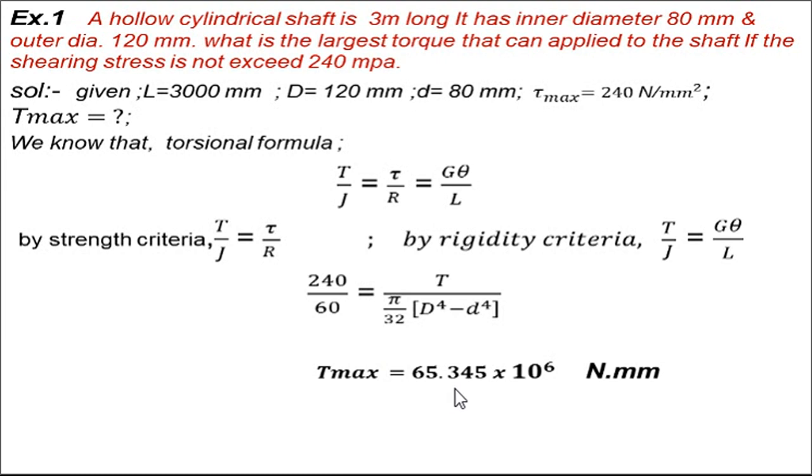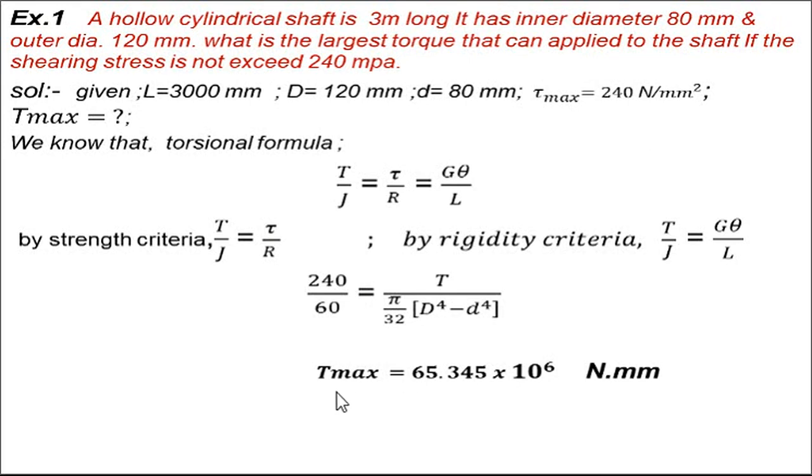So T max is equal to 65.345 into 10 raised to 6 Newton mm, because all the loads are in Newton and all the lengths are in mm, that's why we get the maximum torque in Newton mm. So this is our final objective, to determine the largest torque applied to the shaft.